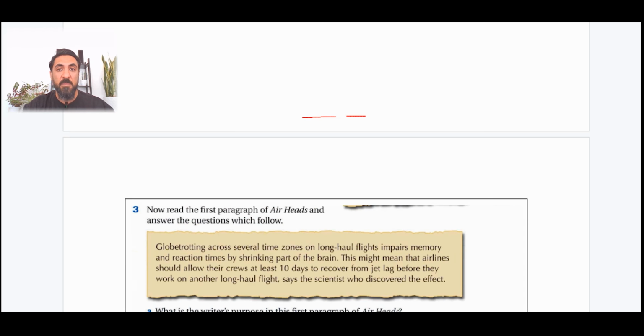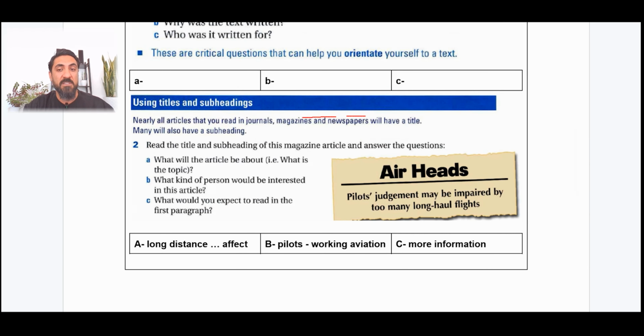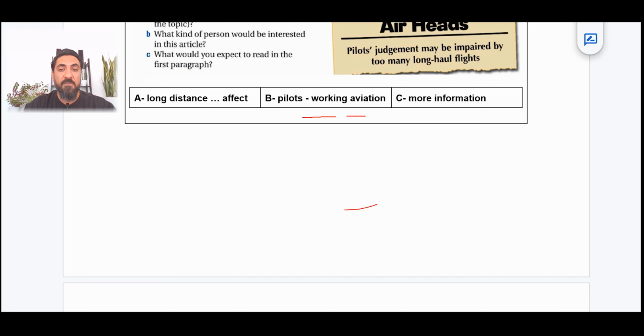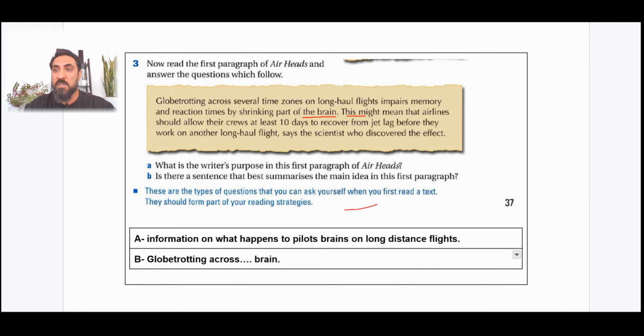So what was the topic? This was the topic: airheads and pilots' judgment may be impaired. So the first paragraph gives information about the topic, and the next sentences, as you can see here, this might mean, give more information, and we call these supporting ideas. They support the main idea, which is the first sentence.